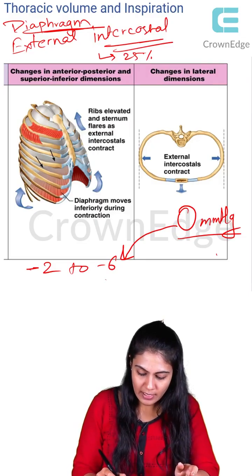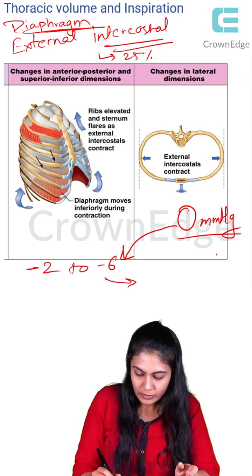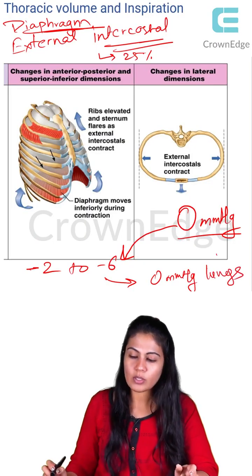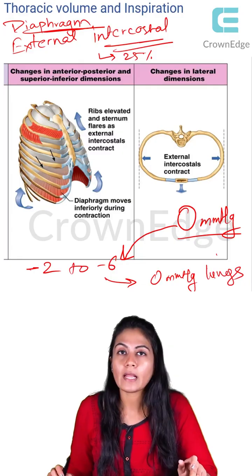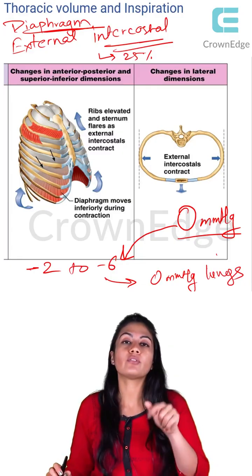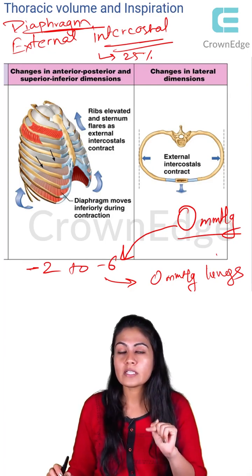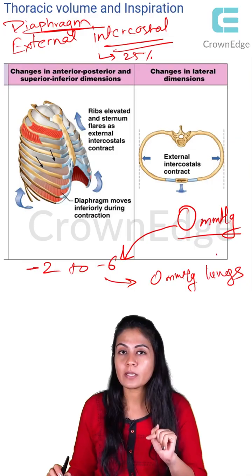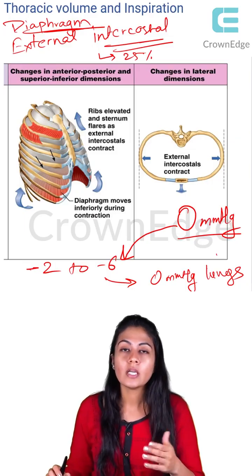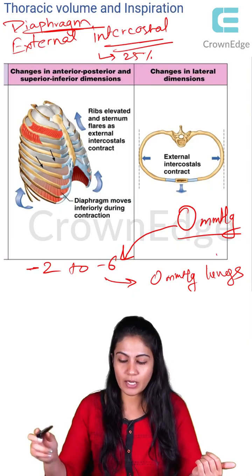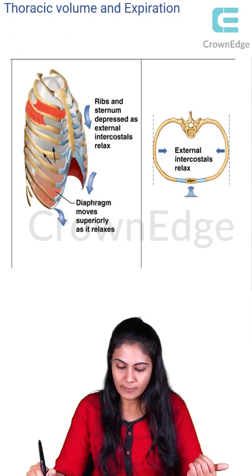And as soon as the air comes in, the pressure becomes 0 mmHg in the lungs also. If they ask what is the pressure at the end of expiration, you have to say 0 mmHg. If they ask before or during inspiration, the pressure must be negative, that is -2 to -6.